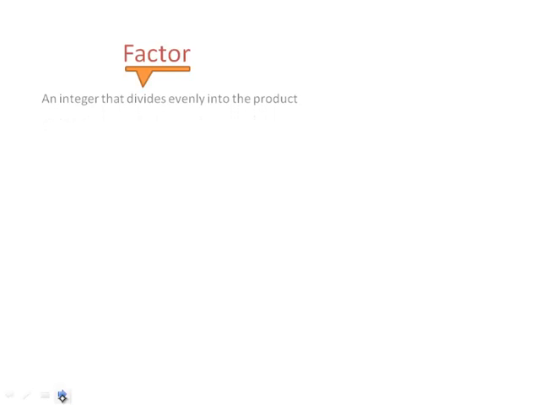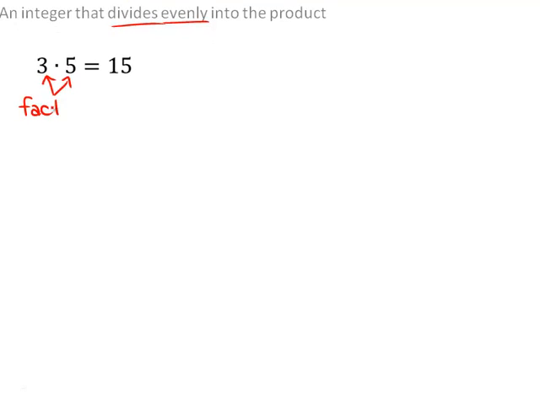Well, a factor is an integer that divides evenly into a product. For example, 3 times 5 gives us 15. Therefore, we know that 15 will be evenly divided by 5 and 3. So 3 and 5 are the factors, and 15 is our product.